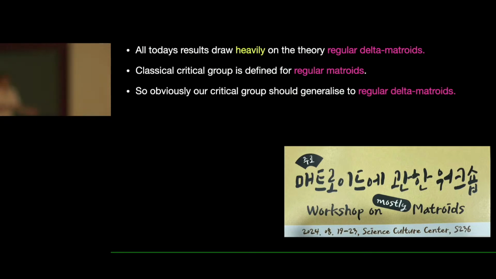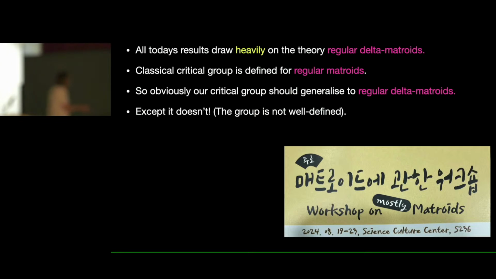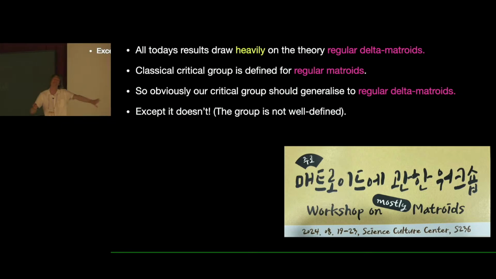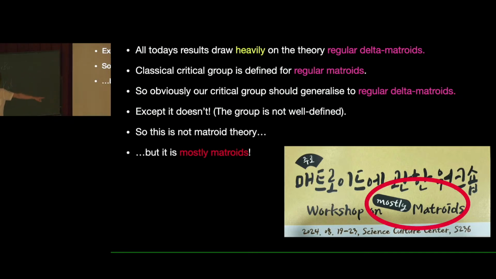So obviously this should hold for regular delta matroids, except it doesn't. So you have this situation where the delta matroid theory is telling you everything you need to do, but it is not actually a delta matroid proof. So this really isn't matroid theory, rather it's mostly matroids. And on that joke I will end there.